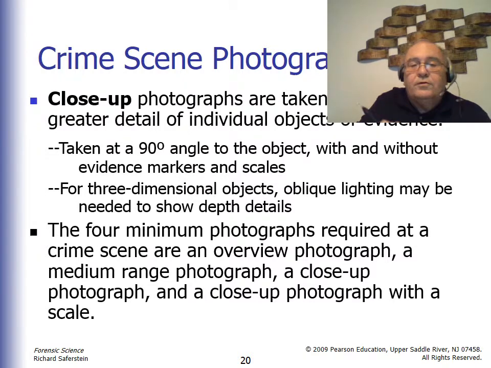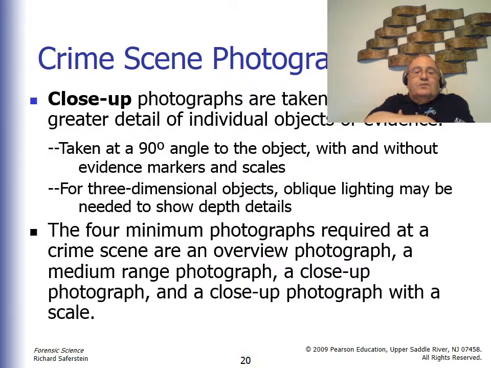Continuing on with our discussion of crime scene photography, the last photographs you're going to take are your close-up photographs. They show things in greater detail, more detail about any tools or weapons that are used in the commission of the crime, and also just for identification purposes.